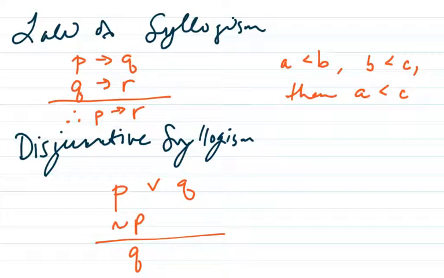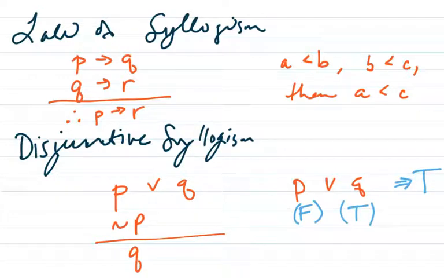But then they're also telling us that not P is true, which makes the original P false. So if we know that P is false, then the only way P or Q could be true is if Q must be true. And so that conclusion, therefore, would follow.